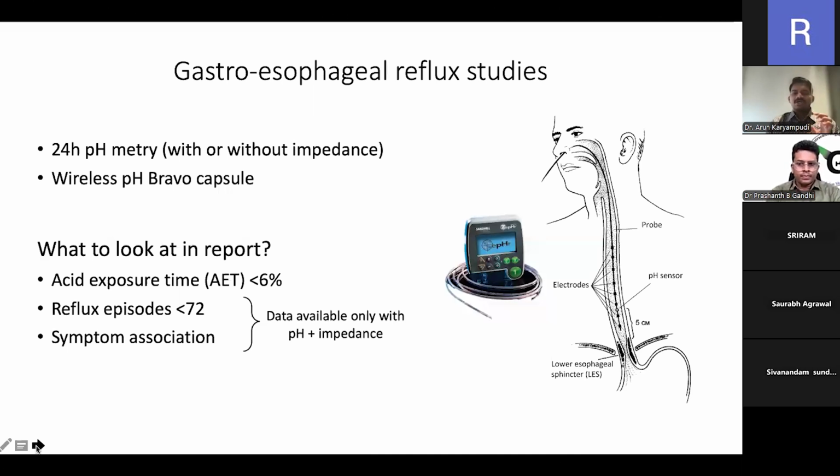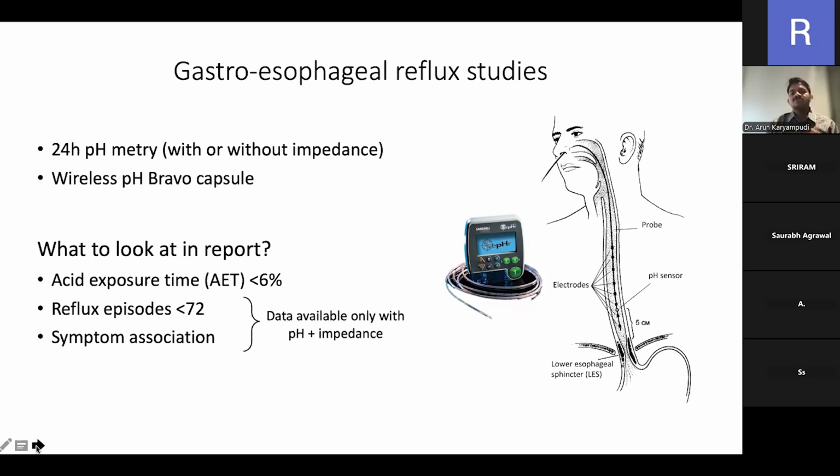Number two is the number of reflux episodes, which you get when you do an impedance study. You cannot get it in a plain pH study, because the number of reflux episodes is an impedance-based measurement.